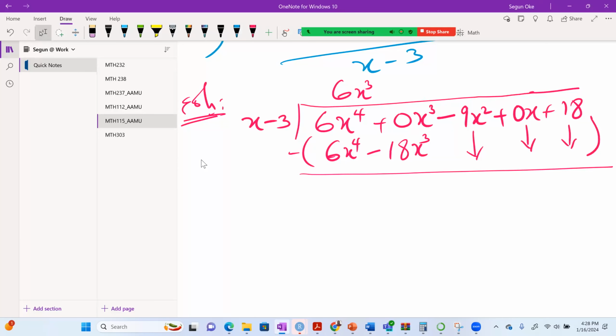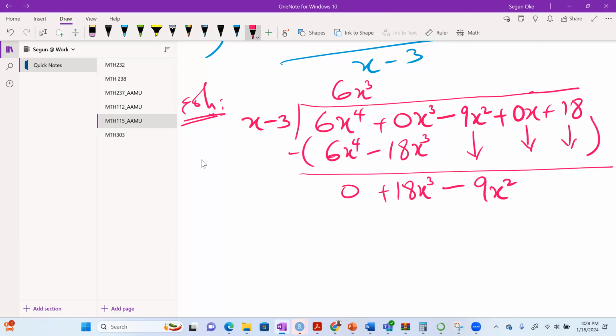So this, when you do 6x raised to power 4 minus 6x raised to power 4, you have 0. Then here we have negative multiplied by negative, you have positive, plus 0, you have 18x raised to power 3. Then we can bring one of these down, minus 9x squared. I bring minus 9x squared down.